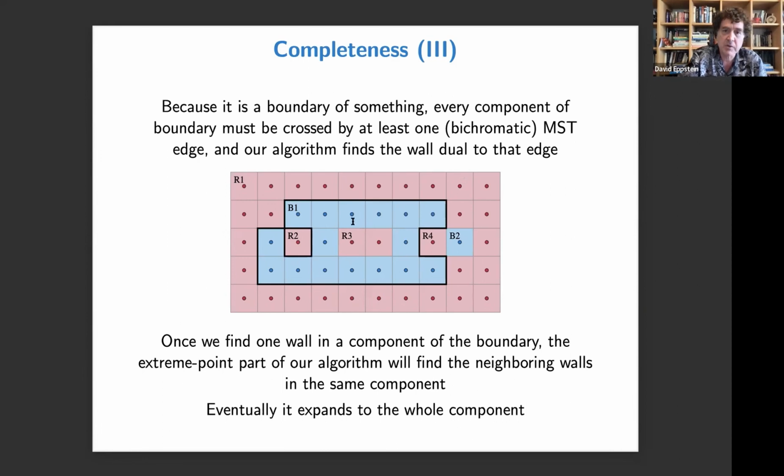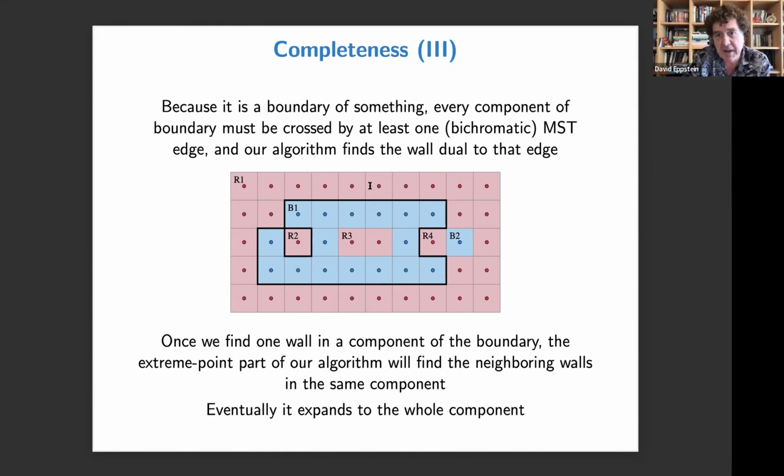Once we find just one of these walls in this component of boundary, then there's another geometric argument to show that when you look at the extreme points of one of these relevant points of one of these walls, it's going to find a bunch of other relevant points that might not even be part of the same component, but among those, it will find the neighbors in this component of boundary. And so you'll find the neighbors, the neighbors of neighbors, and you'll expand out to find the whole component.